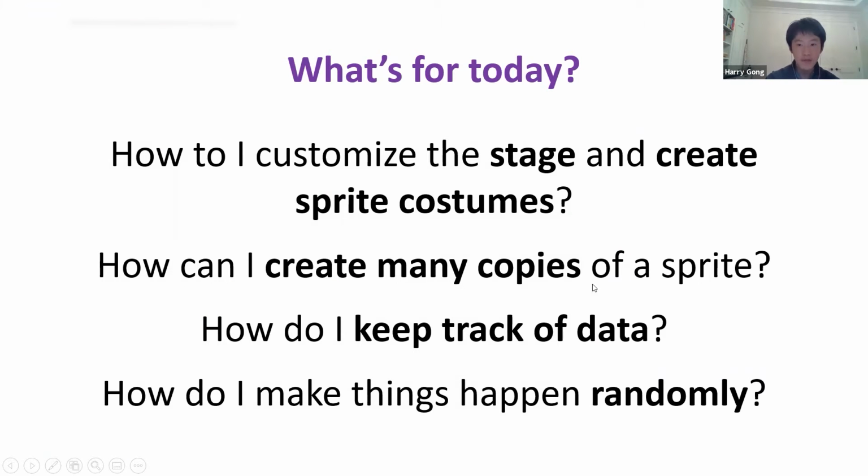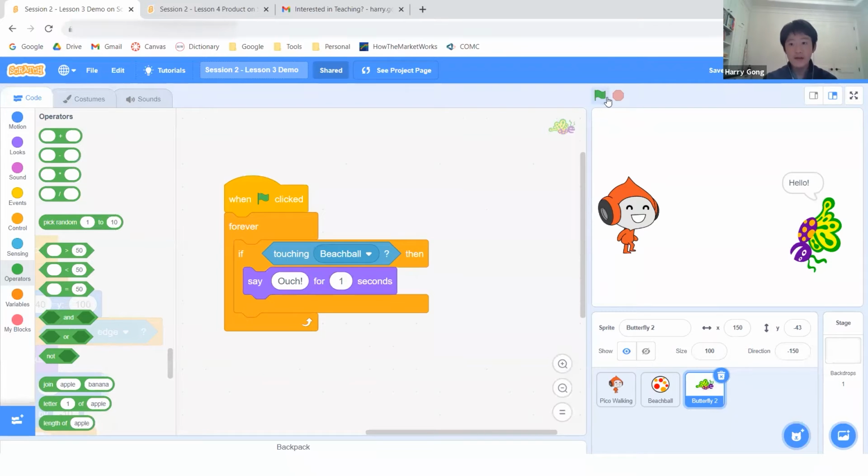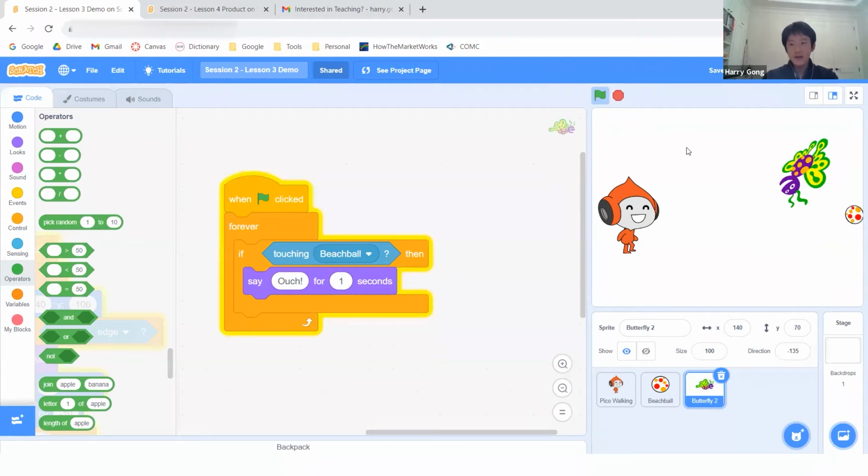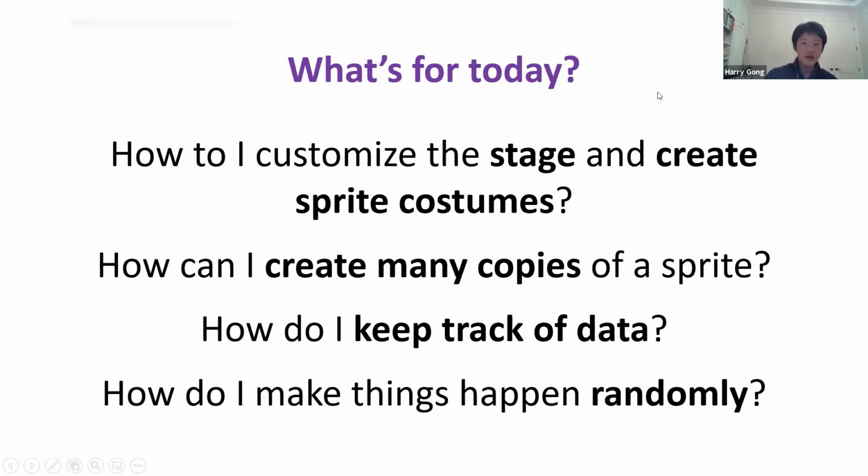And this one's a big one. How do I keep track of data? So here in this game, we could have created a score counting system that tells us how many times we hit the butterfly, but we didn't learn how to do that yet. And this class, our project will require us to do that. And finally, we're going to learn how to make things happen randomly.